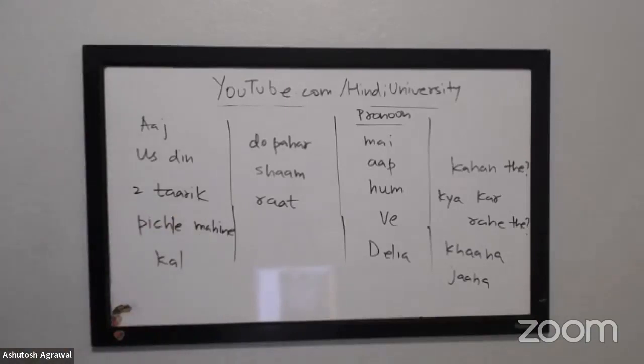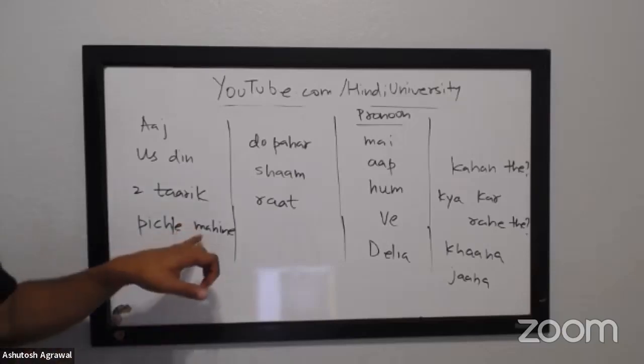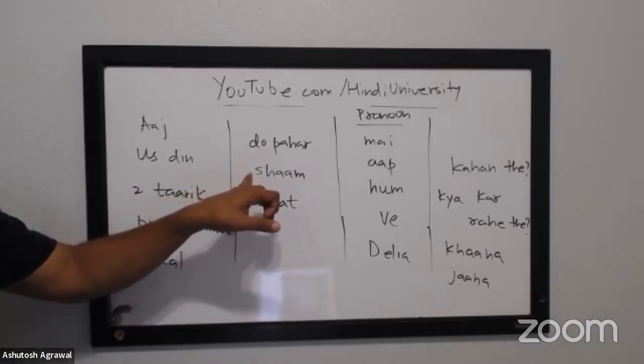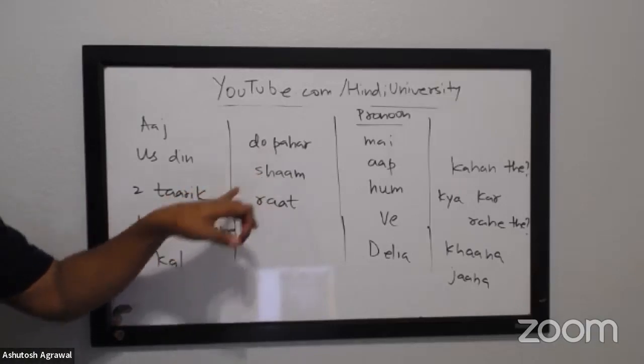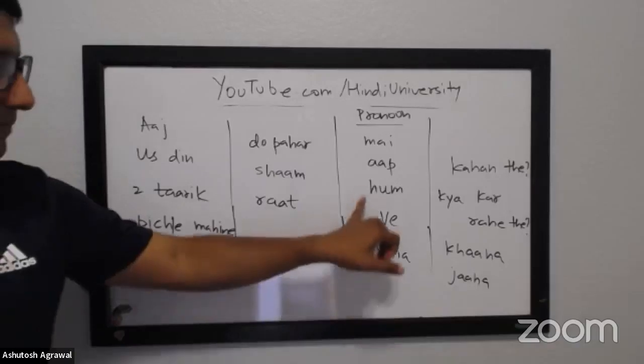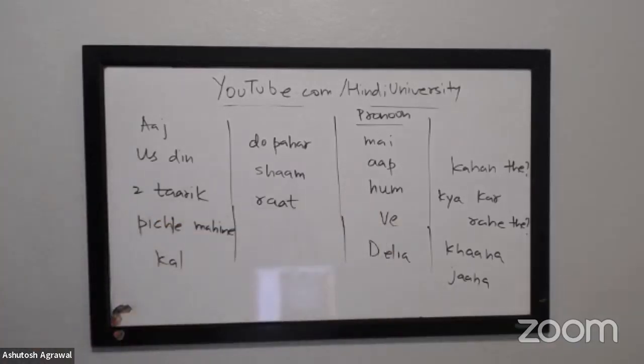पिछले महीने शाम को आप... It sounds incorrect. So पिछले महीने I have to probably put a specific date. पिछले महीने 3 तारीख, no, sorry. पिछले महीने आप क्या कर रहे थे?